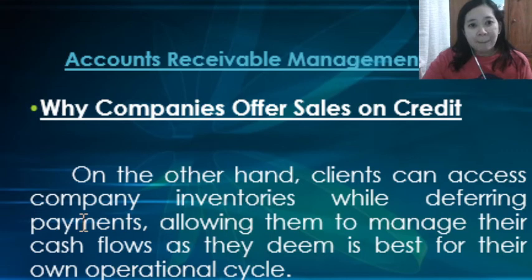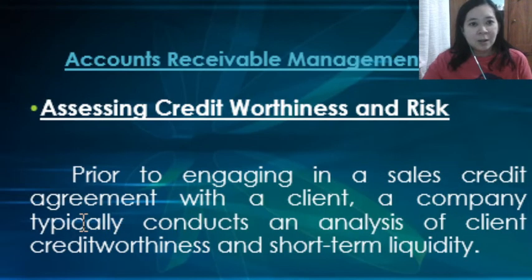On the other hand, clients can access company inventories and at the same time defer the payments. It will allow them to manage their cash flows as they deem best for their own operational cycle. We mentioned this a while ago. These are the benefits on the part of the customers.